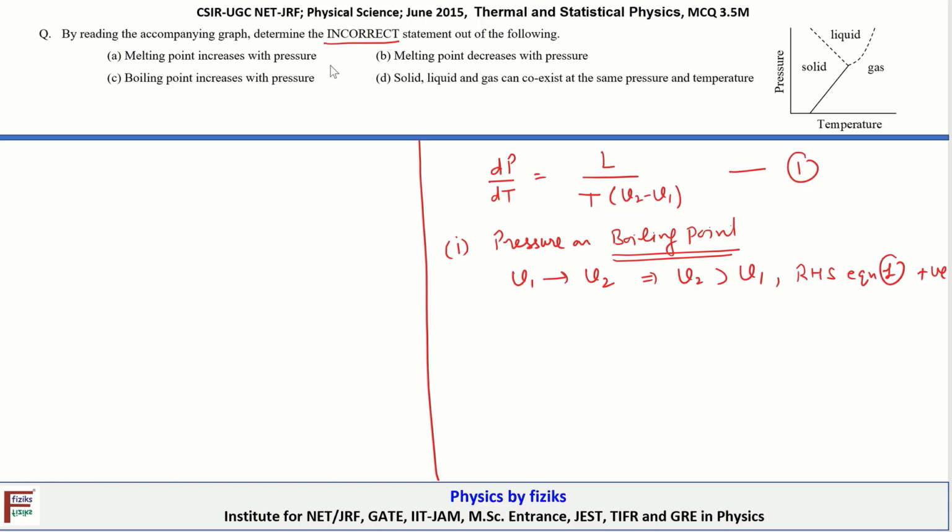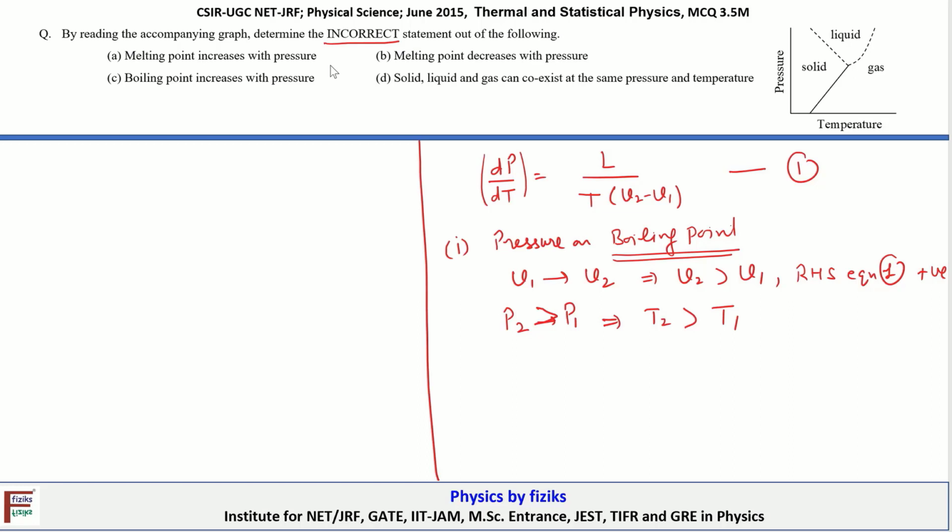In order to keep the left hand side also positive, suppose pressure increases, that means the final pressure P2 is larger than P1. To make the left hand side positive, T2 should be greater than T1.